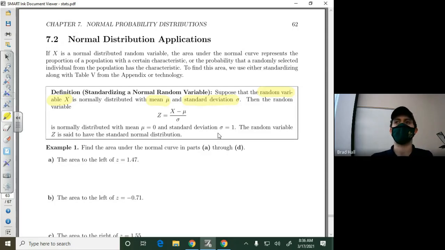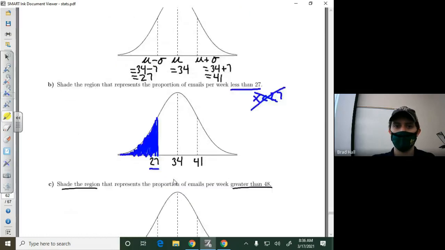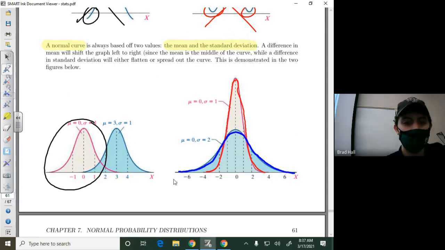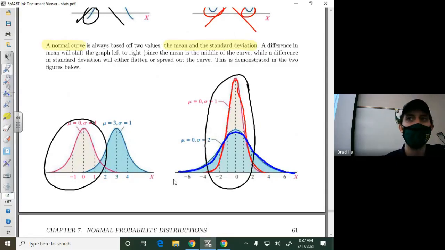But then there's this transformation that we can do called standardizing. What this does is it takes that information, say the class grades, and normalizes them. It shifts everything around. It takes our curve and centers it at 0, and it makes the standard deviation exactly 1.